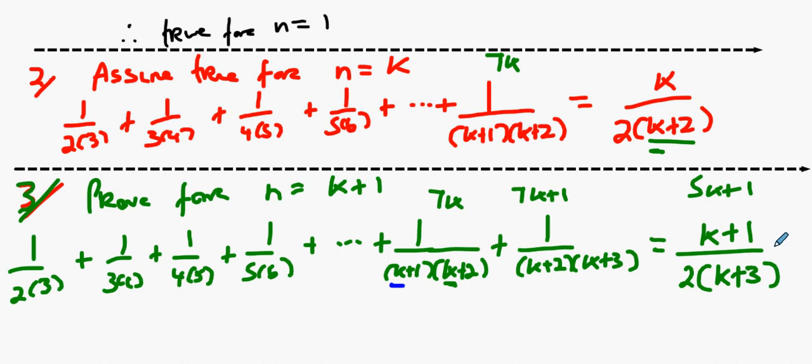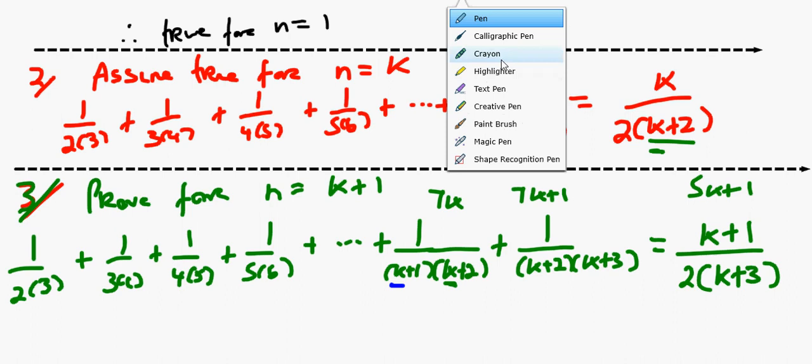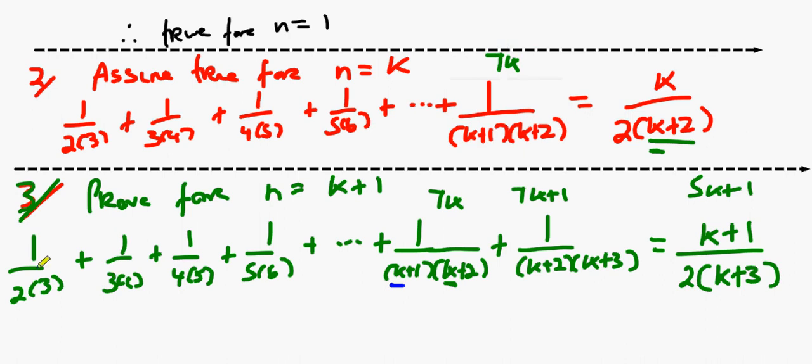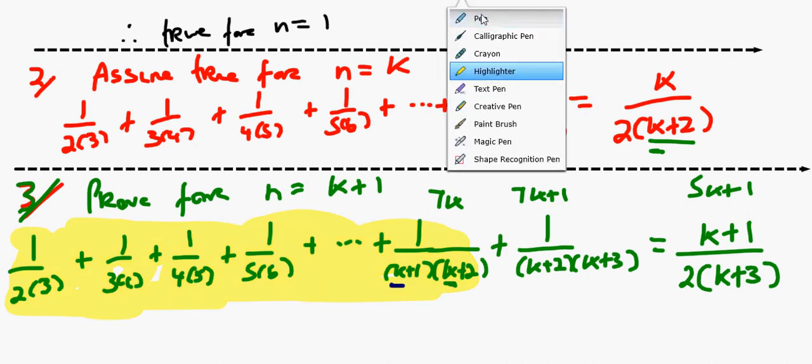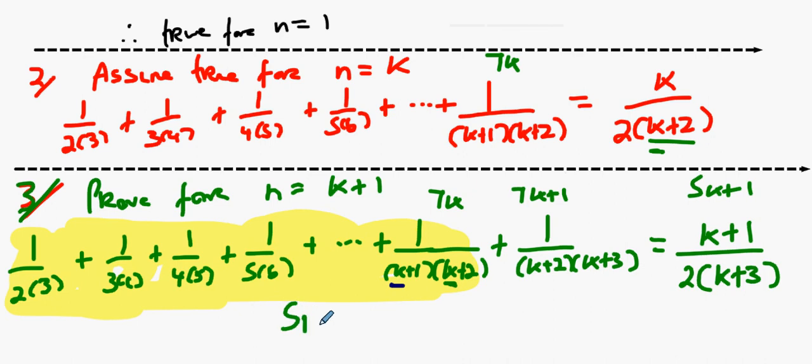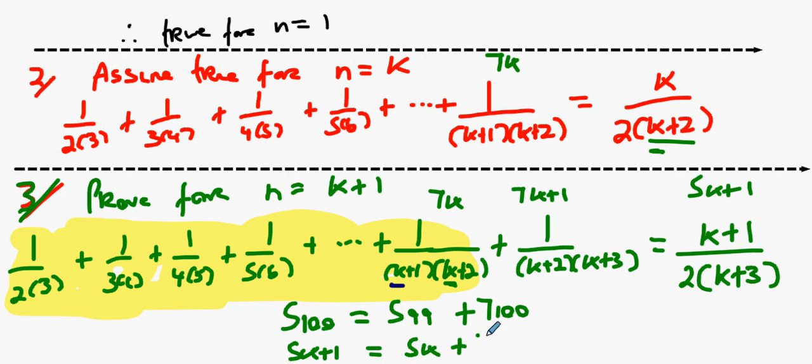Alright? Now, what's my next move? I'll highlight all of this, all the way up to there. What does this yellow part represent? It represents Sk. Once again, S100 is the same thing as S99 plus T100. Therefore, S of k plus 1 is the same thing as S of k plus Tk plus 1.